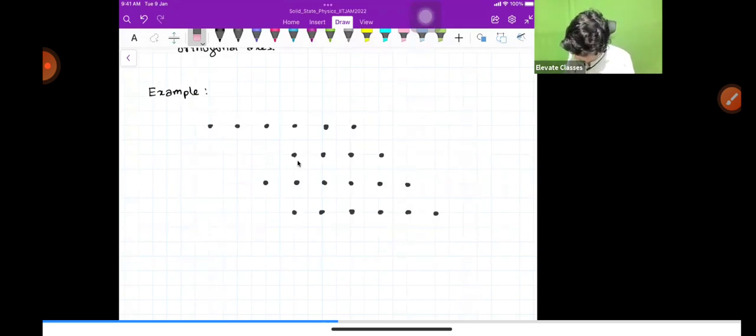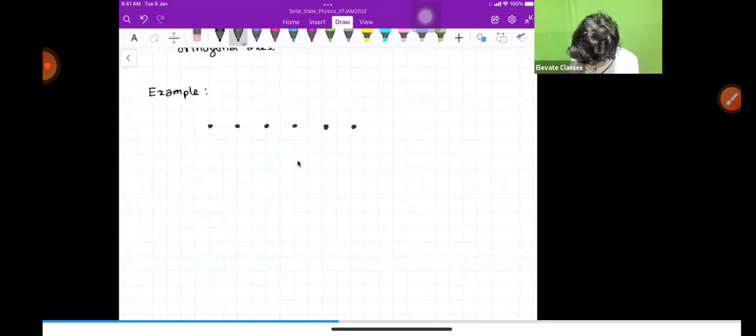Okay, so I just drew the lattice diagram a bit wrong. Okay, so this is the structure. There was some confusion in that.